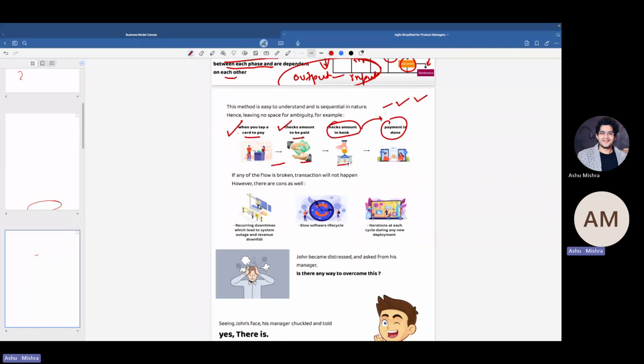Had any one of these flows been broken, had there been no balance in your account, or the amount been so high that your bank would not have approved the transaction, the transaction flow would have broken. So this is the waterfall analogy, guys, from the perspective of payment.